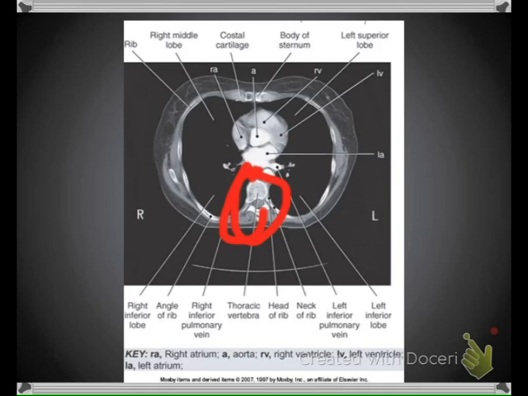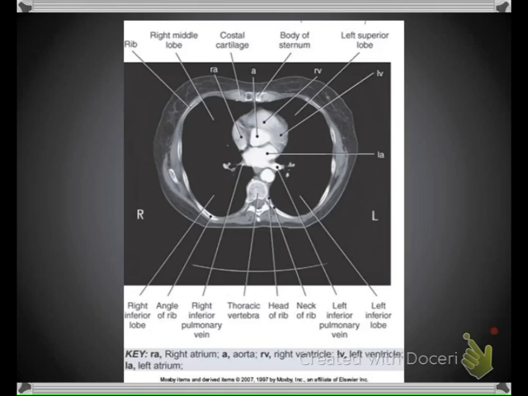And going even a little deeper in terms of this, we do see that we have the vertebral body here. And there is an articulation between this rib and the vertebral body, and that is right there.